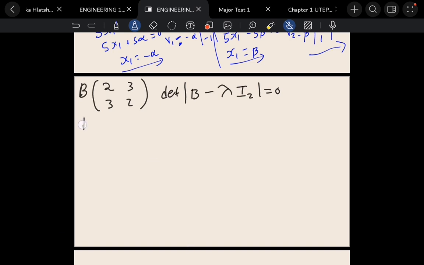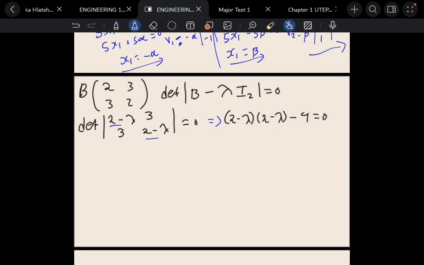After this, you need to take the determinant of 2 minus lambda, 3, 3, 2 minus lambda. You're always going to subtract lambda from the entries in the main diagonal. And what next? You need to find the determinant of this matrix. So I'm going to have 2 minus lambda times 2 minus lambda minus 9 is equal to 0.